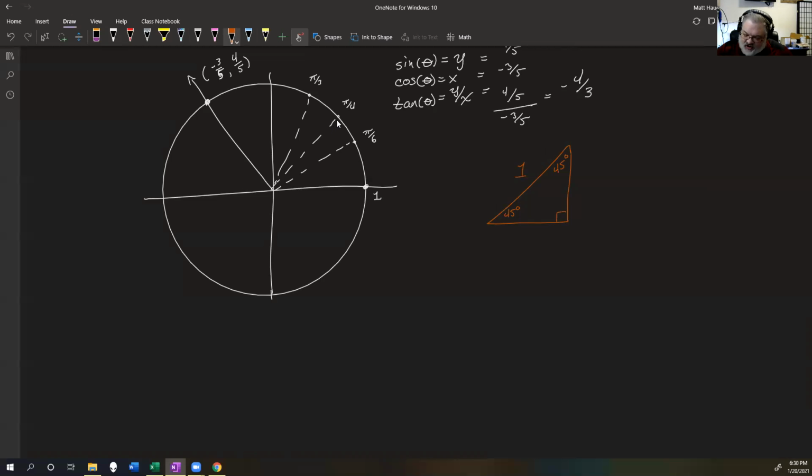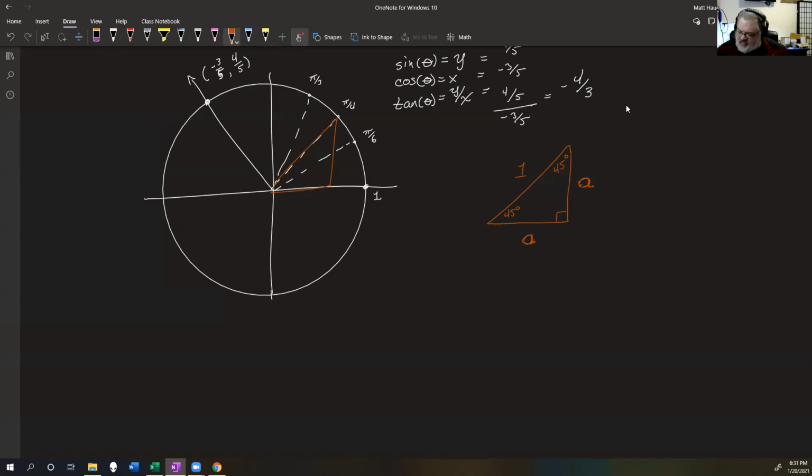So it fits in our unit circle here. We can try to calculate the other sides based on that length and those angles. So if we arbitrarily label this side length A, what do we know about that other side length based on our 45 degrees? It's the same as A. They're both equal, because those angles are equal, those side lengths have to be equal. So it's an isosceles triangle.